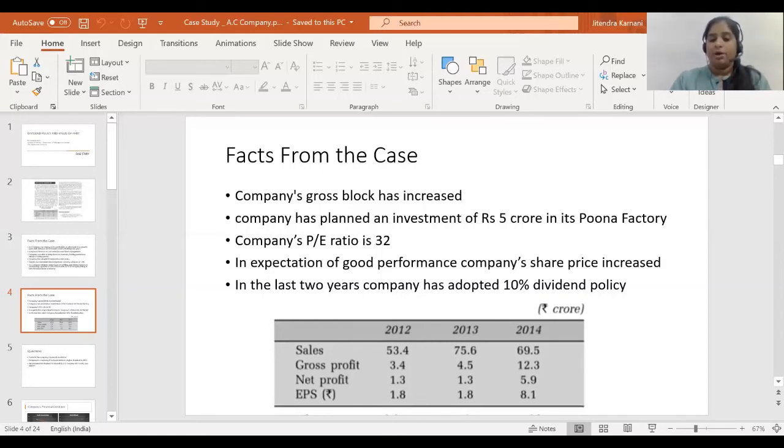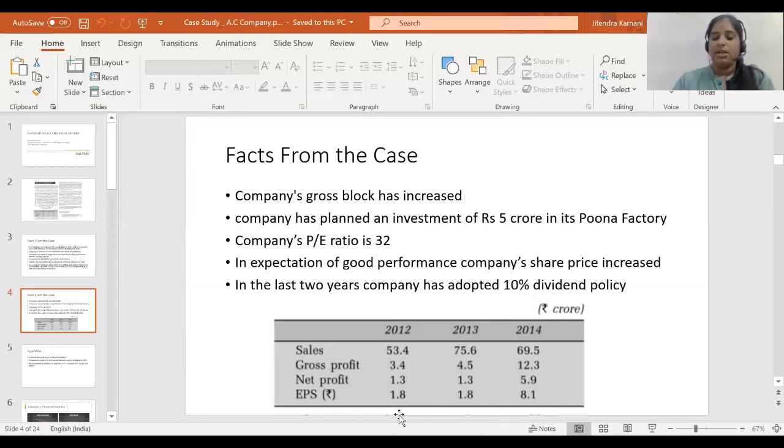In the years 2012 and 13, the company adopted a 10% dividend policy. I'll move ahead with the data available from the case. There is 3 years data available, that is the years 2012, 13 and 14.